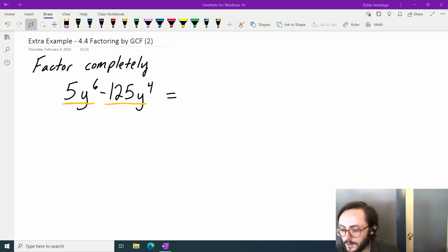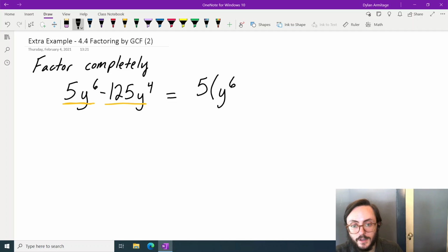Okay, so in our first part, we can take out the 5. And that leaves us y to the 6th. Now, you may jump ahead and factor out more at once, but I'm going to take my time. So then minus 5. Actually, you know what?